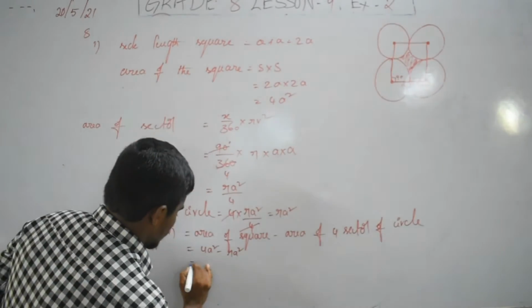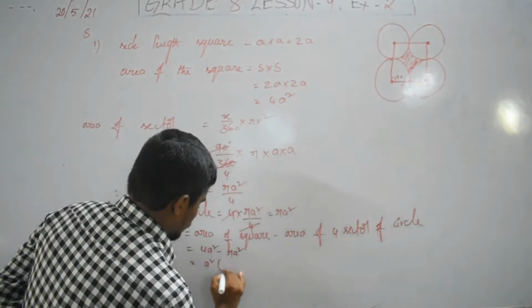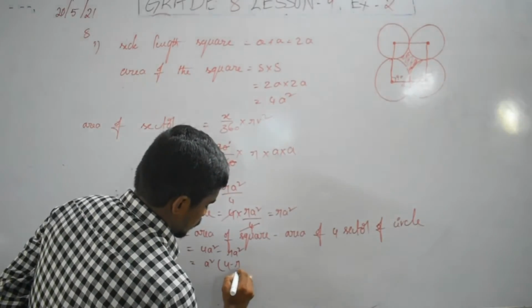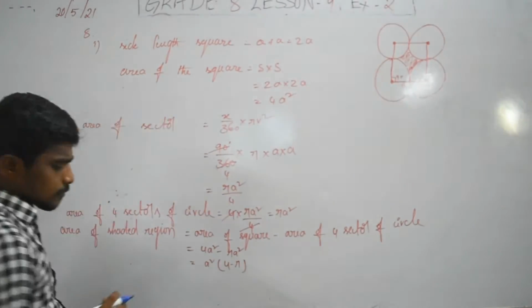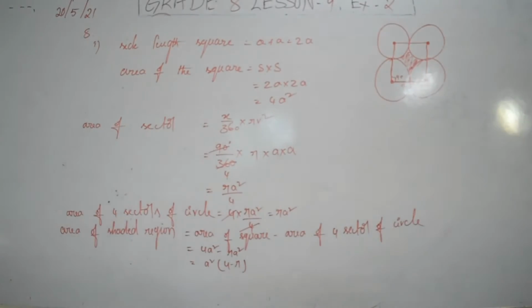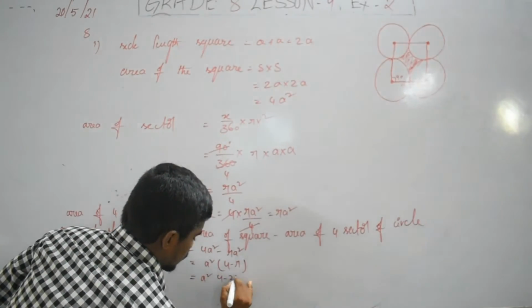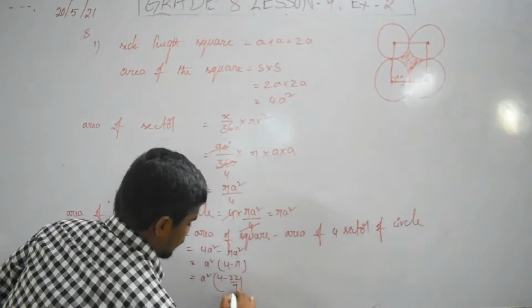So a square times (4 minus pi). We know the pi value is 22 by 7. So a square times (4 minus 22 by 7).